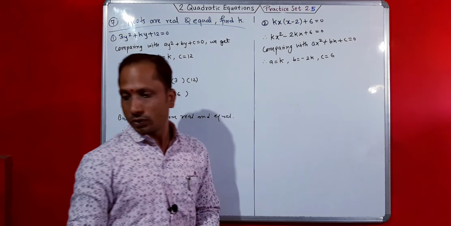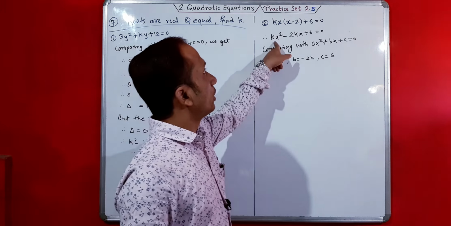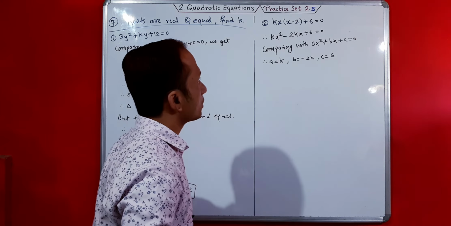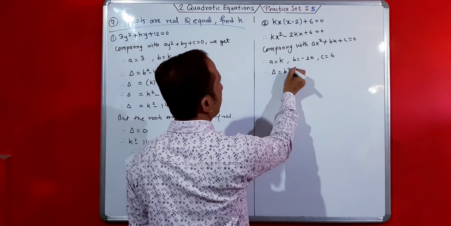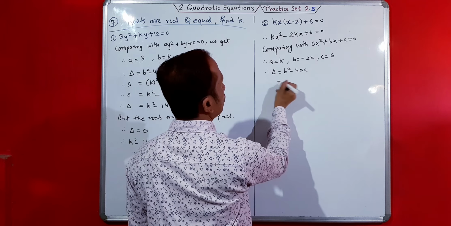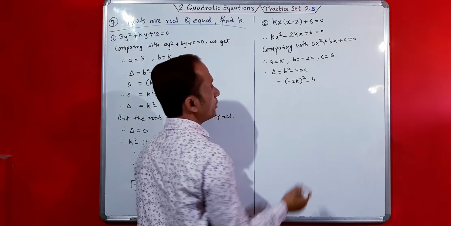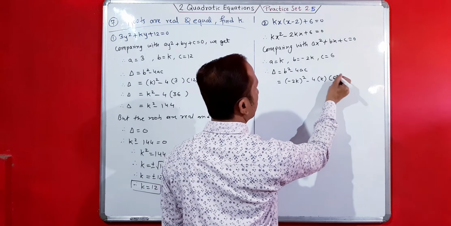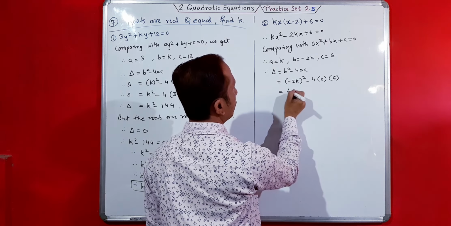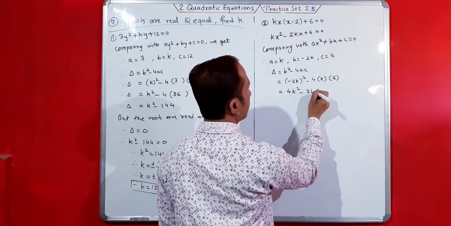Therefore delta is equal to b square minus 4ac. So b square is minus 2k square, minus 4 into a which is k and c which is 6. So it is 4k square minus 4 6 are 24k.